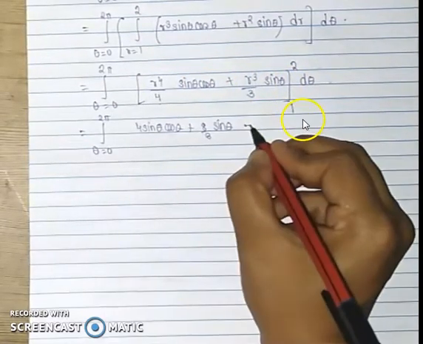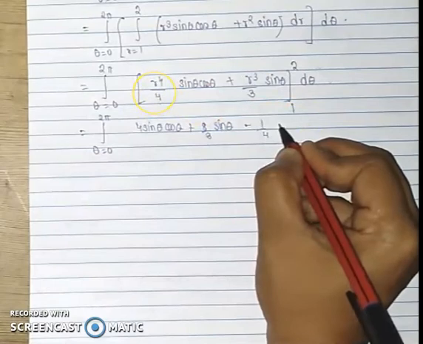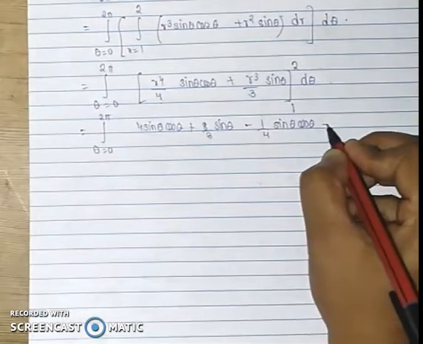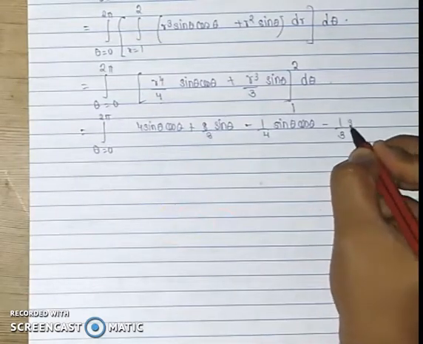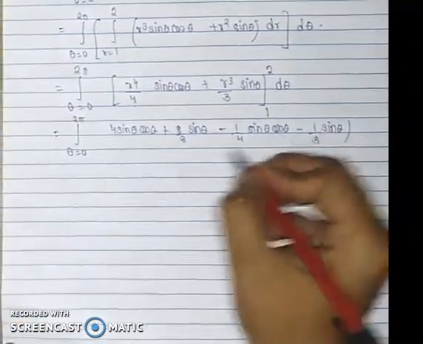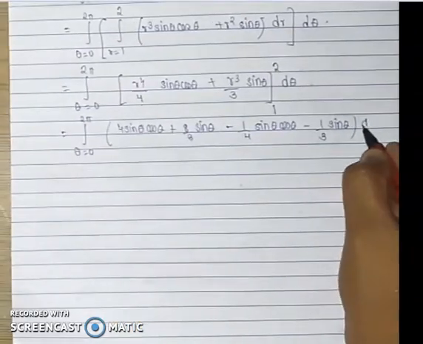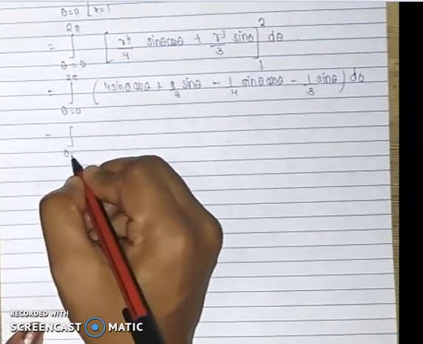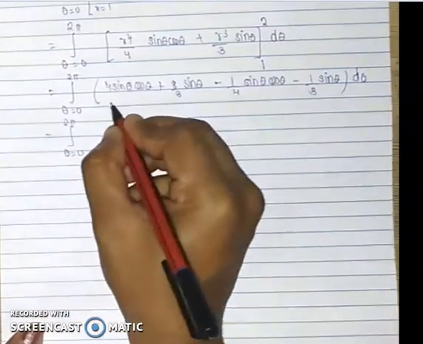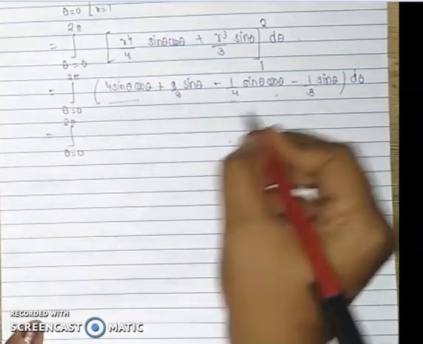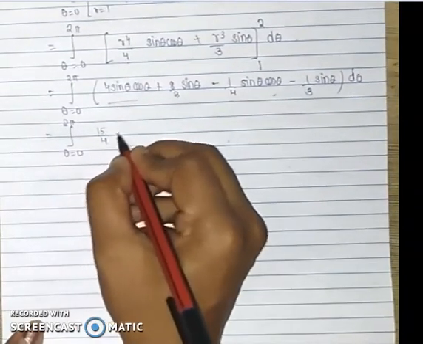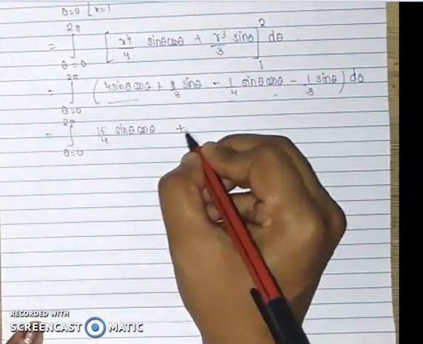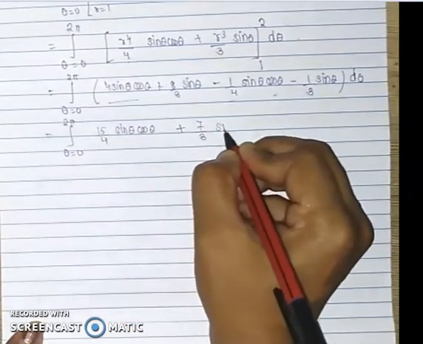Now we'll apply the lower limit, which is 1 upon 4 sin theta cos theta, plus 1 upon 3 sin theta. Integral from 0 to 2 pi of 4 sin theta cos theta minus 1 upon 4 sin theta cos theta is 15 by 4 sin theta cos theta, and 8 by 3 minus 1 by 3 is 7 by 3 sin theta.